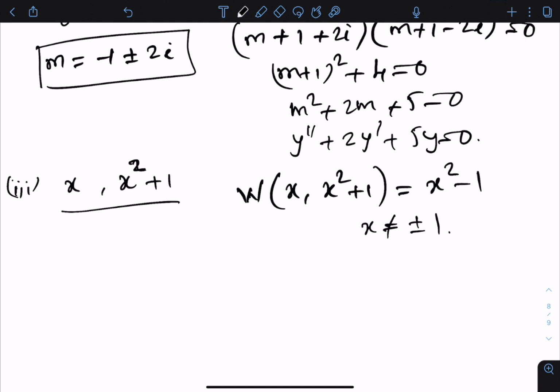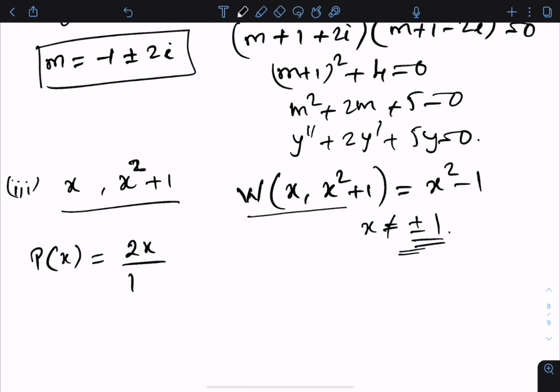So if you ignore these two points in your domain, that is, for any interval not containing these two points, the Wronskian is non-zero, and then for those intervals you can find p. You will get 2x over 1 minus x square. You can also find q.